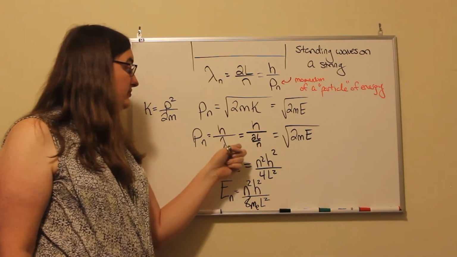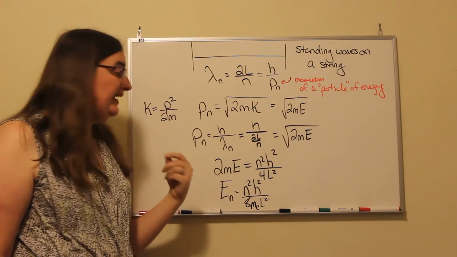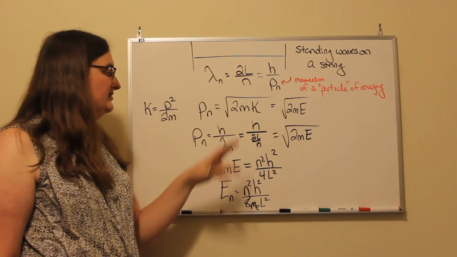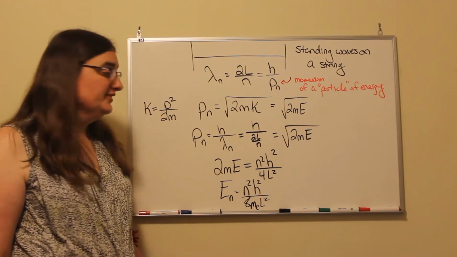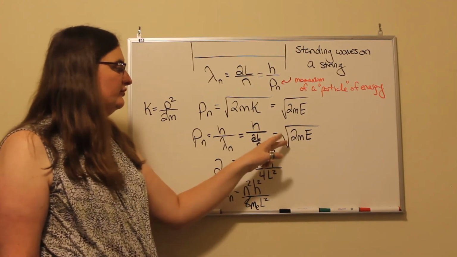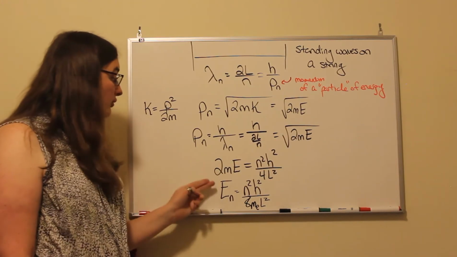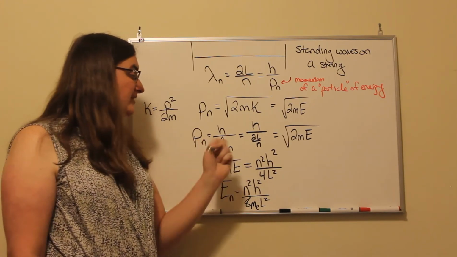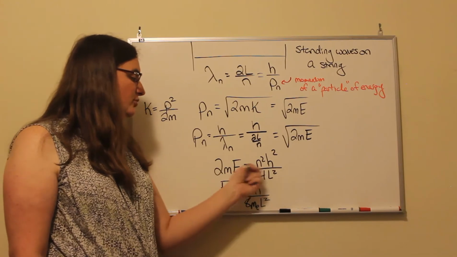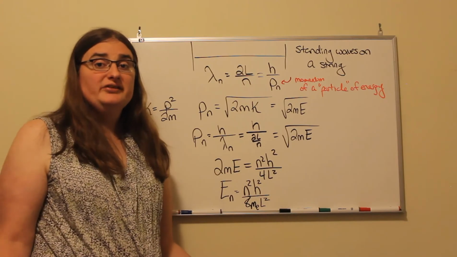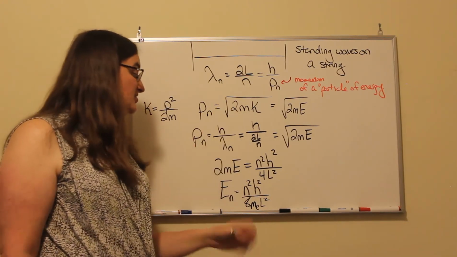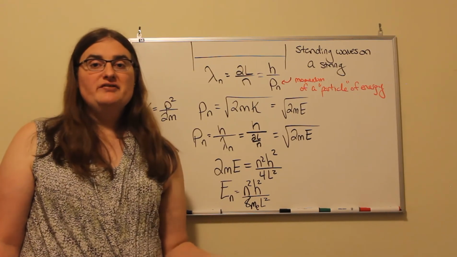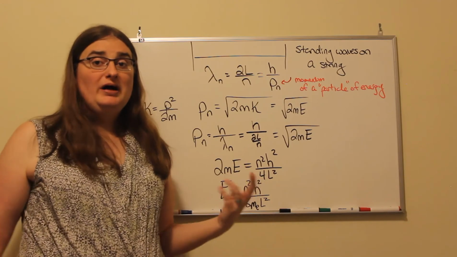So if I plug in my discrete wavelengths, 2 times the length over n, then I get n times h over 2 times the length is the square root of 2mE. So 2 times the mass of our particle times the energy would be n squared Planck's constant squared divided by 4 times the length of that wave system squared, or the discrete energy levels available to that quantized system.